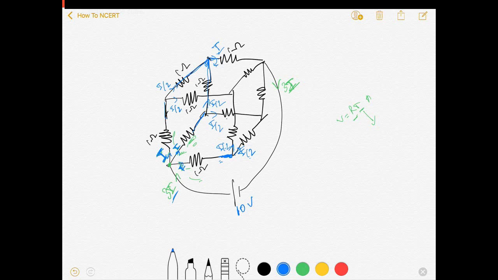Here again, this I by 2 comes from here, this I by 2 comes from here, and they combine and give me I. Again, conservation of charge. And from here, from here, from here, they combine and they give me a net current of 3I.